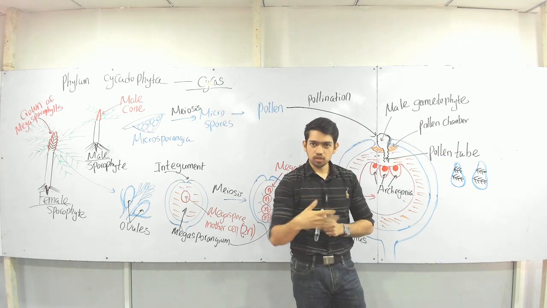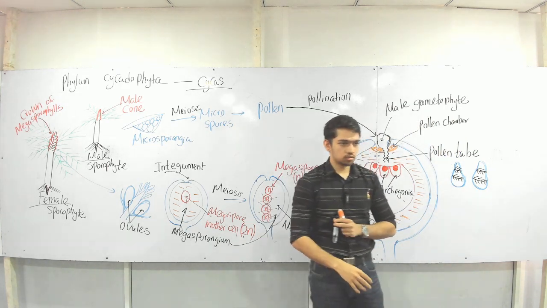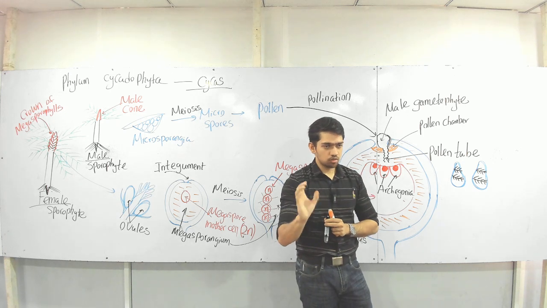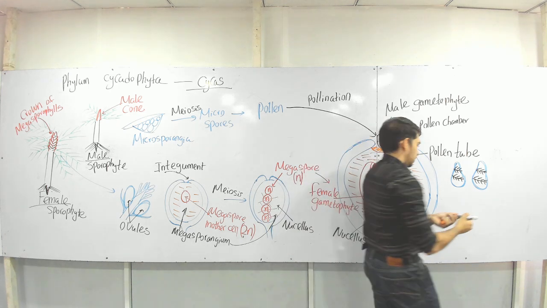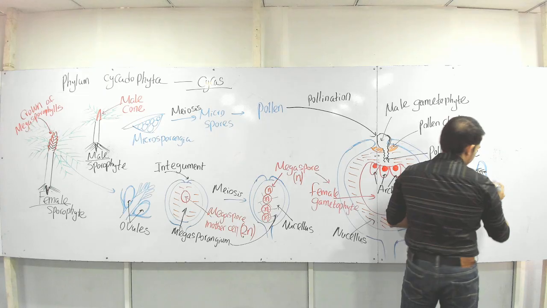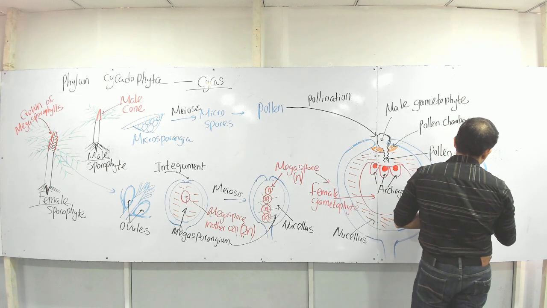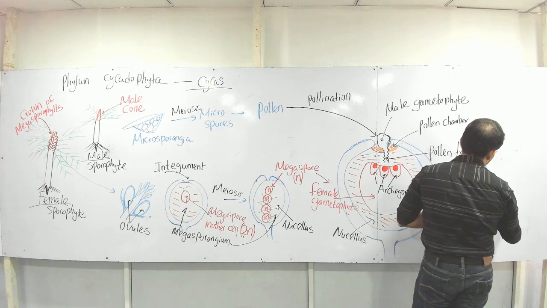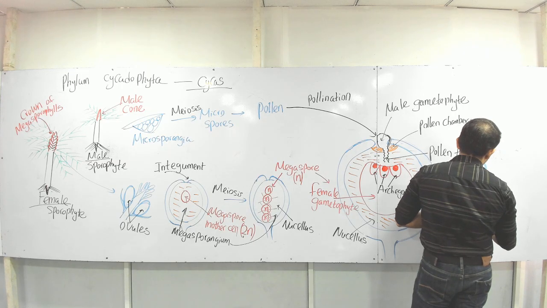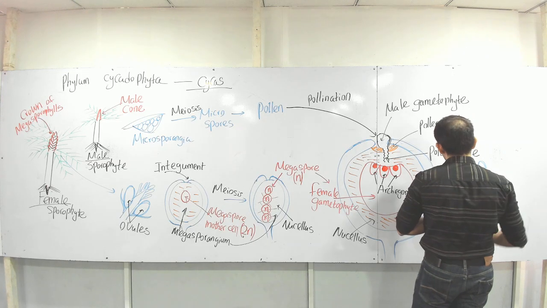That is what gives them their motility. That's not in your syllabus. What you need to know is we call them flagellated, but it's actually cilia by which they move. Anyway, these are flagellated motile sperms.